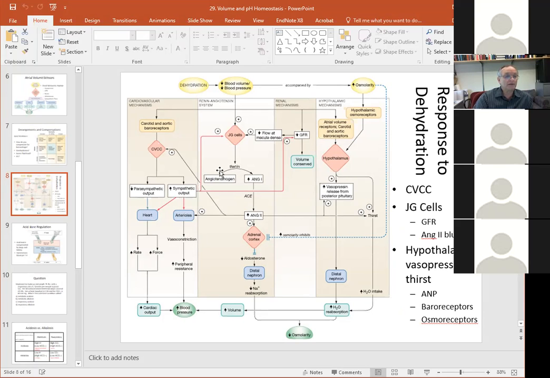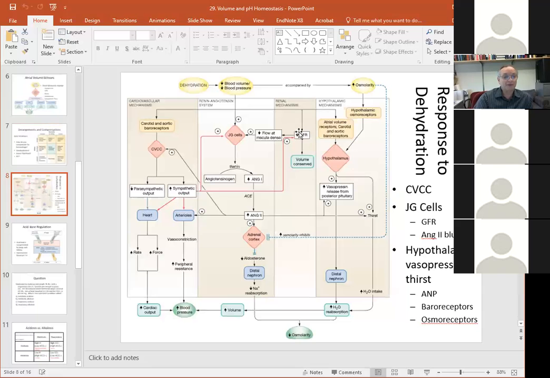Furthermore, renin cleaves angiotensinogen. ACE cleaves that into angiotensin II, and that stimulates the arterioles to constrict. The glomerular filtration rate's down because the blood pressure is down, so there's not as much filtration force.